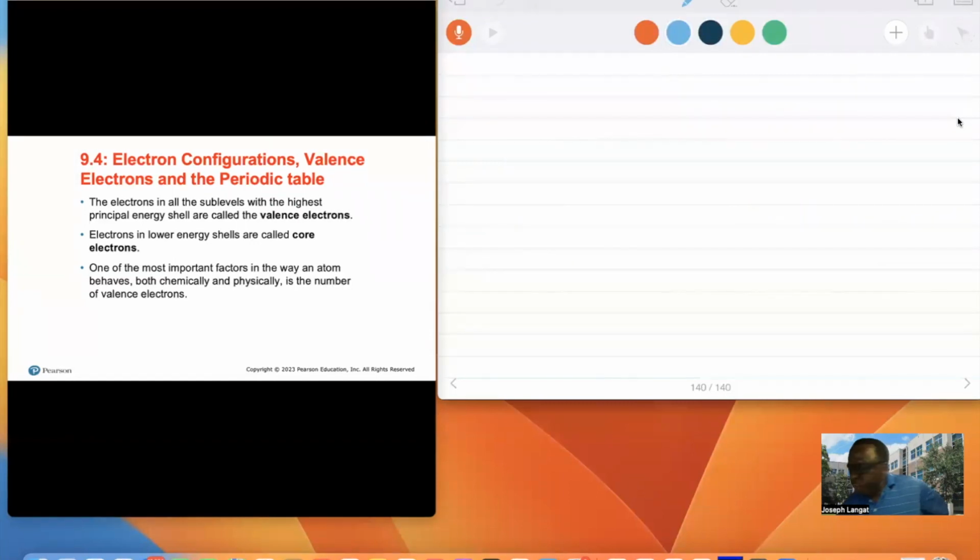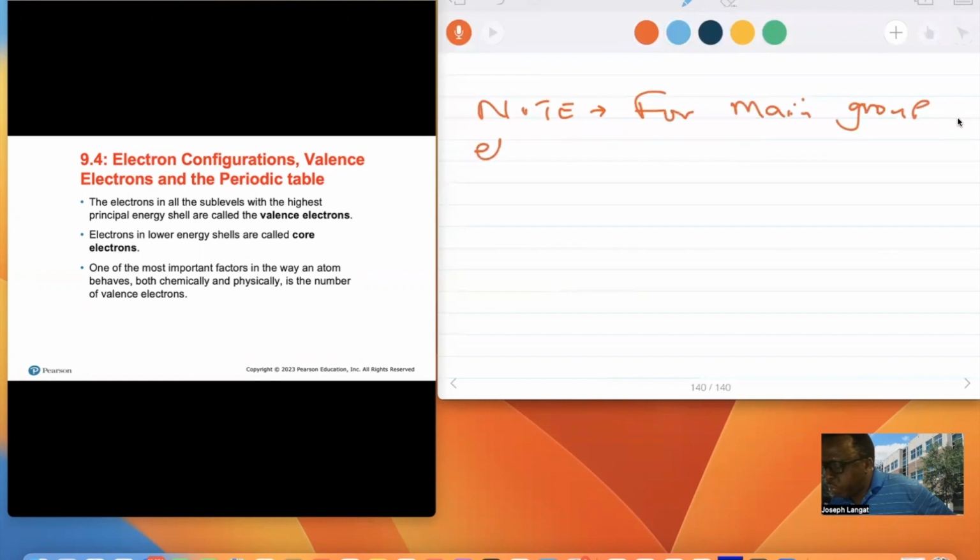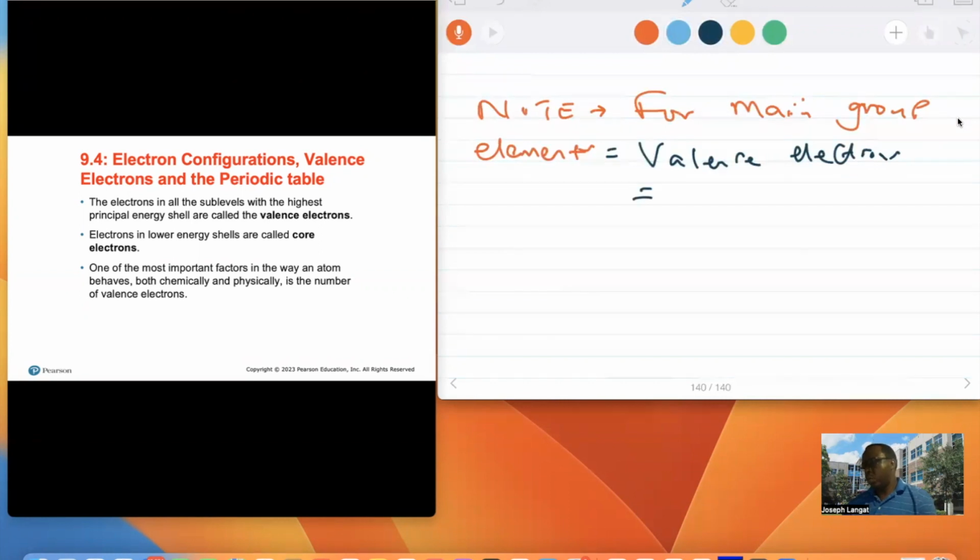For main group elements, note, for main group elements, valence electrons equal the group number.